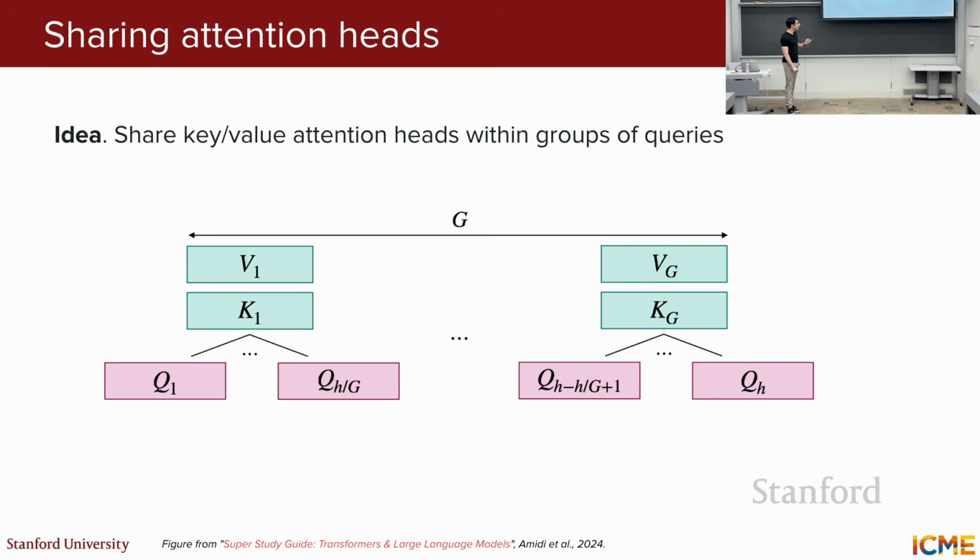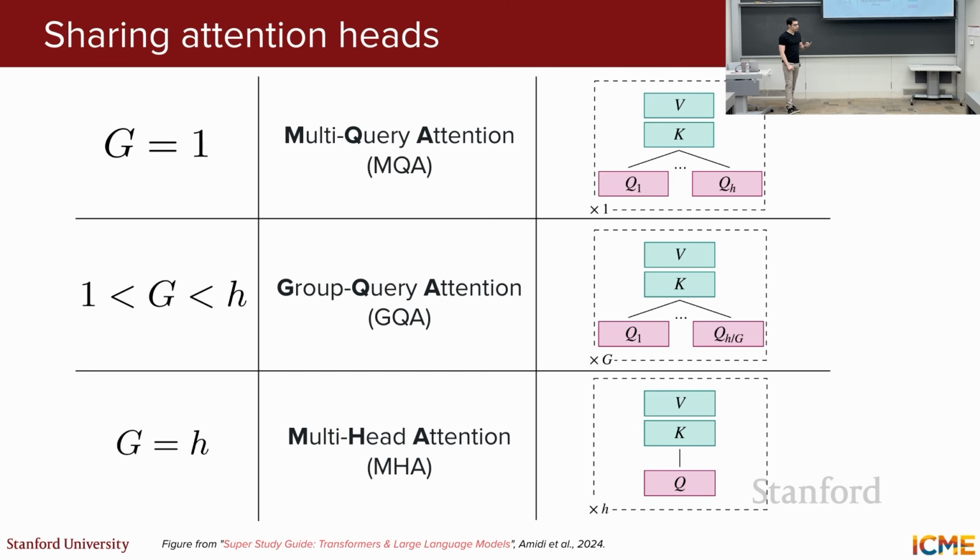So we had this concept of grouping keys and values together, where the general formulation is called group query attention, and the extreme values H and 1 denote respectively full multi-head attention and multi-query attention. And in modern-day LLMs, a lot of papers use GQA with some sensible group value. So this is also something we can do.